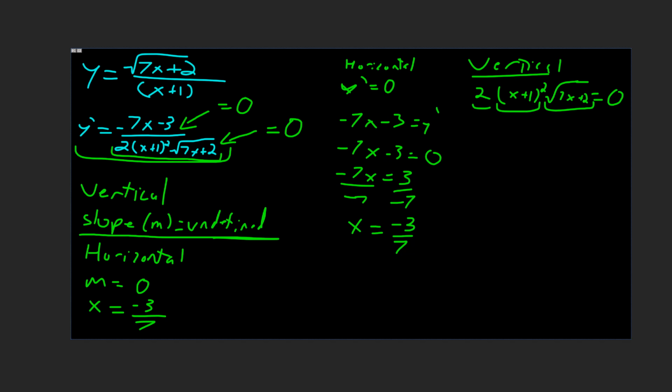So really, we're just trying to figure out when x plus 1 squared is equal to 0. Well, if you haven't been sleeping in class, you should know that negative 1 plus 1, squared, is equal to 0. And that's true. So when we're trying to find the vertical tangent line for this equation, x is just equal to negative 1.